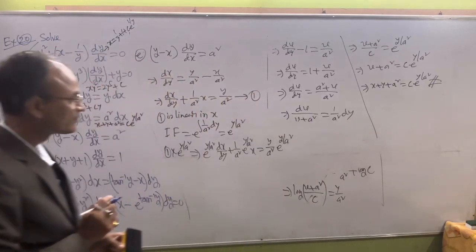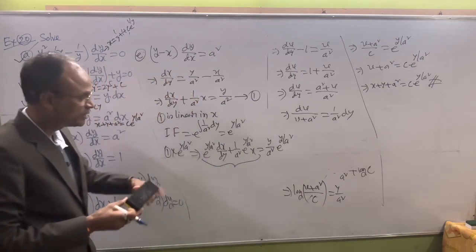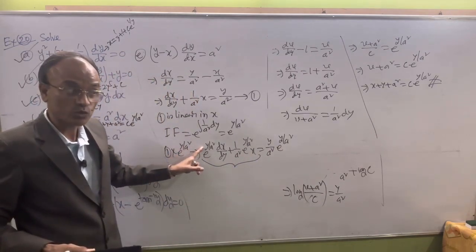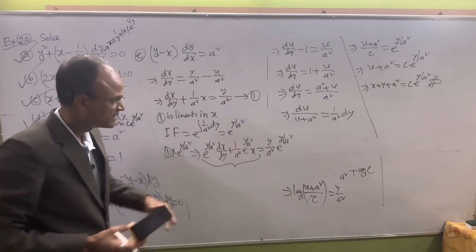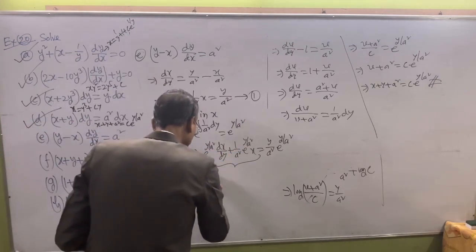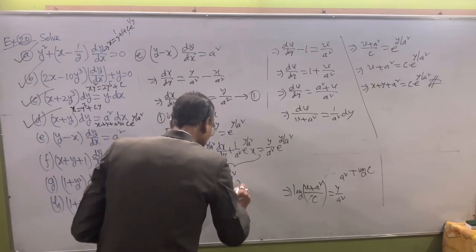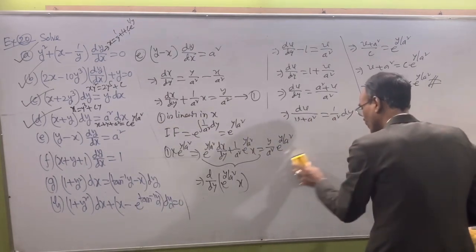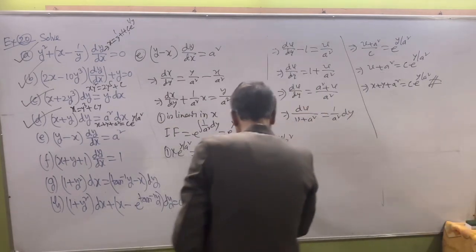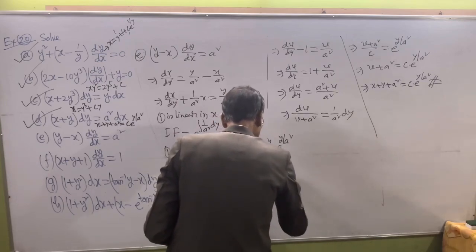Now see, the differentiation of e to the power y by a square with respect to y will be e to the power y by a square into 1 by a square. Therefore the left hand side can be written as e to the power y by a square into x, equal to y by a square e to the power y by a square.